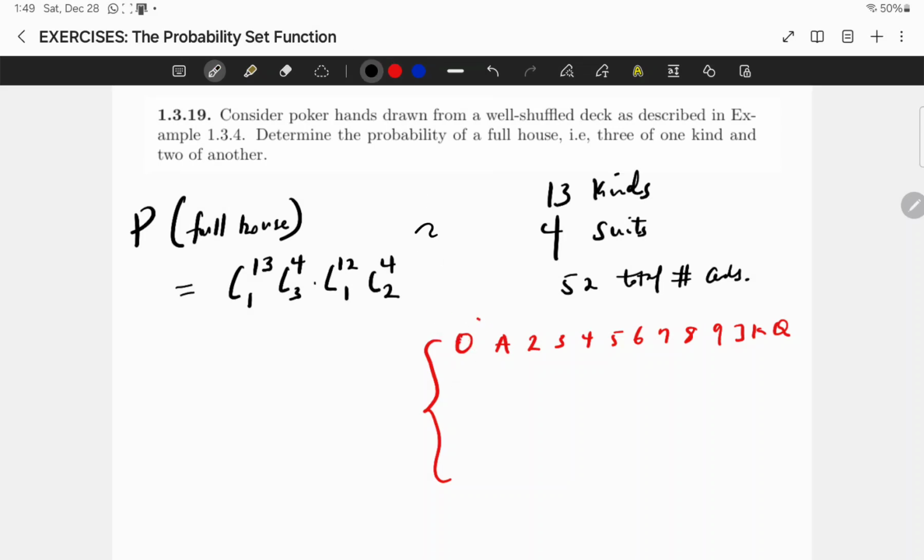We also have, maybe this is for diamond, then this is for heart.